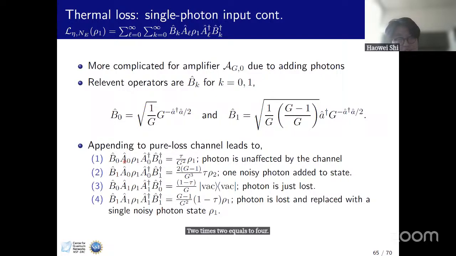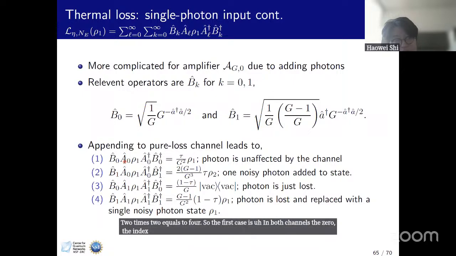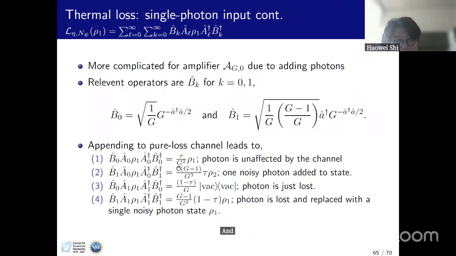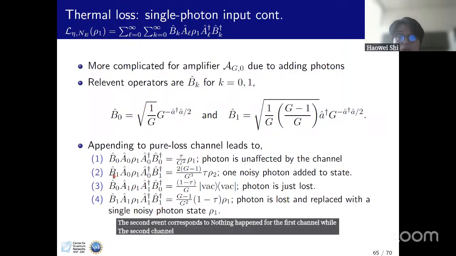So the first case is if in both channels we have the index L equal to 0 event, which means that nothing happens. Then the photon is unaffected, and here we show the probability as tau over g squared. The second event corresponds to nothing happening in the first channel, while the second channel adds a photon to our output.